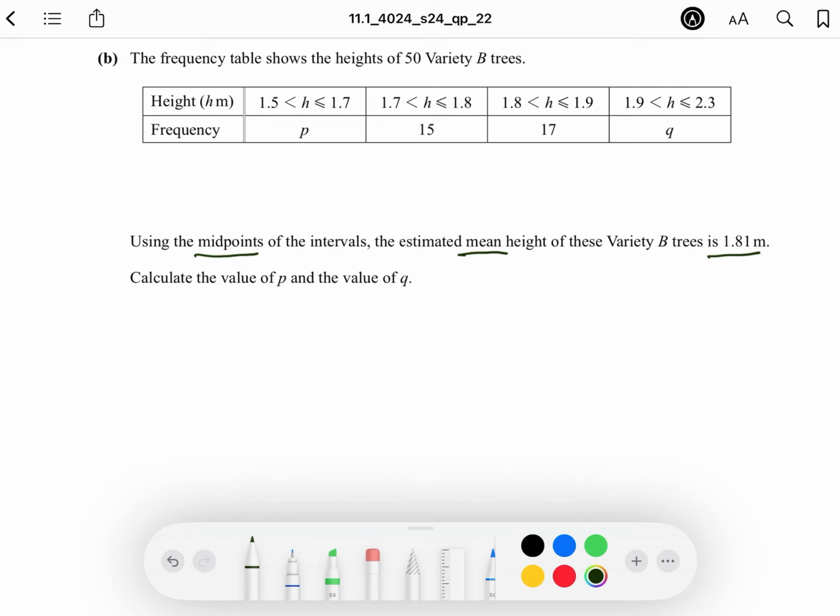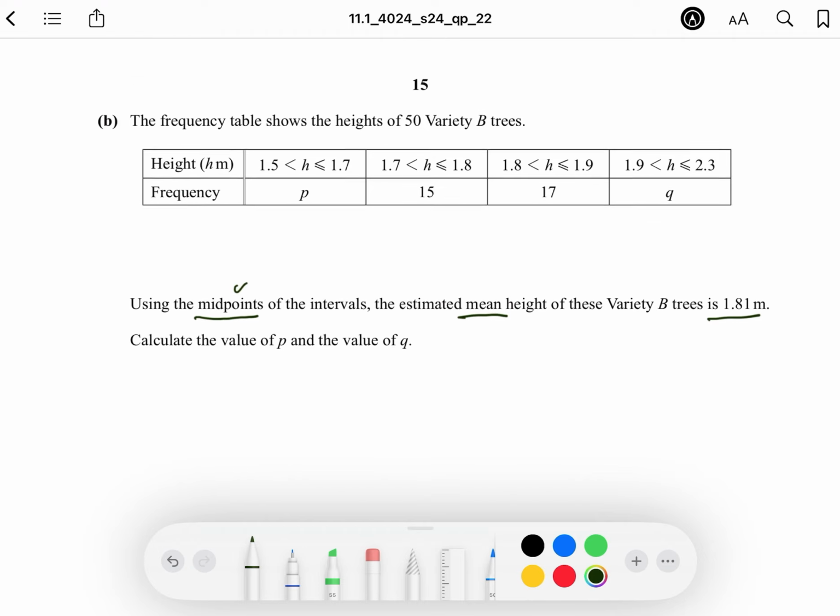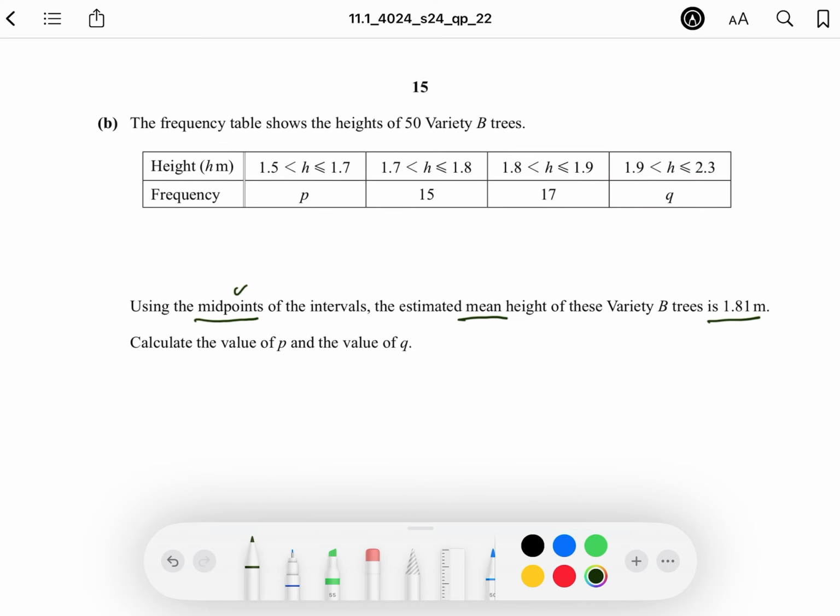I don't know yet how it is done, but the question says using the midpoint, so I will be finding the midpoint first. Between 1.5 and 1.7 is 1.6, between 1.7 and 1.8 is 1.75, between 1.8 and 1.9 would be 1.85, between 1.9 and 2.3, that's quite difficult to see.